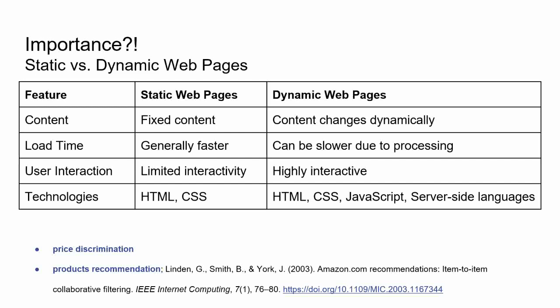For example, flights are sometimes more expensive if you book them using an Apple product, because it could be assumed that people who are using an Apple product have more money. Another important area are individualized product recommendations, which make up a large part of Amazon's profits. Such price changes or different product recommendations are only possible on dynamic web pages, which is basically driven by JavaScript frameworks and other programming languages which are used in the background of a web page.